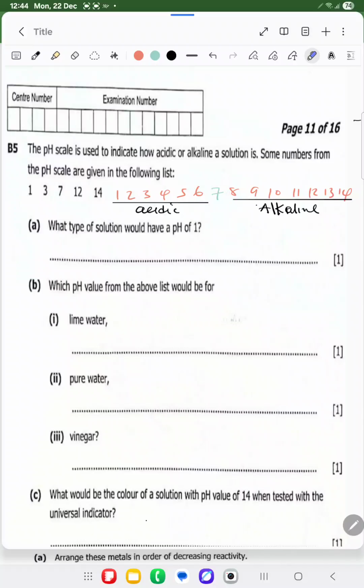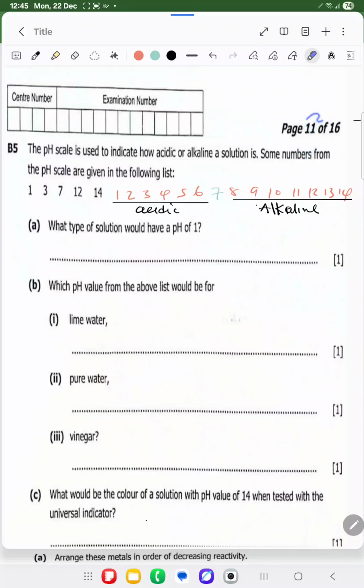Also, you should know that if a solution lies on 1, that solution is more acidic than a solution which is lying on the number 2. Likewise, if a solution is lying on 14, that solution is more basic than a solution lying on 13. That's what you're supposed to know.